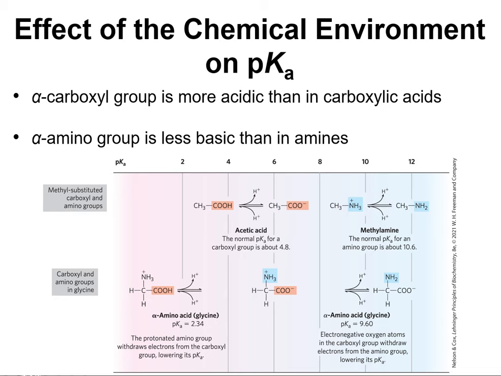On the flip side, the amino group in amino acids actually has a lower pKa as well because of the carboxyl group. So normally the pKa for an amino group is about 10.6. So because these two groups are in close proximity, they affect each other's pKa.